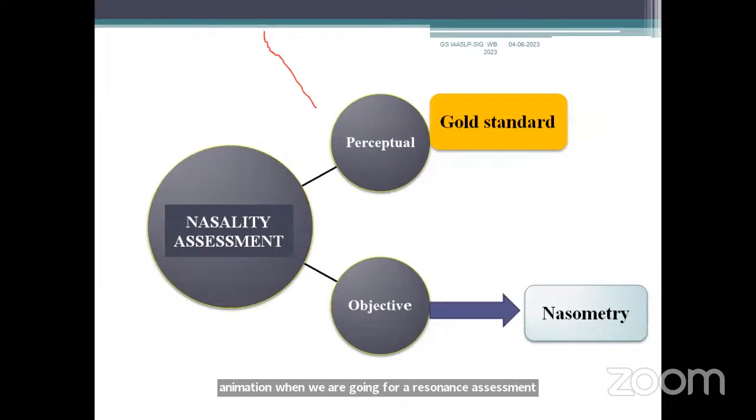When we move on to nasality assessment, we know very well that perceptual assessment is the gold standard. There is no doubt about that, because it's the easiest thing to do. Ear training is very, very important to listen to the kind of population we are going to deal with.